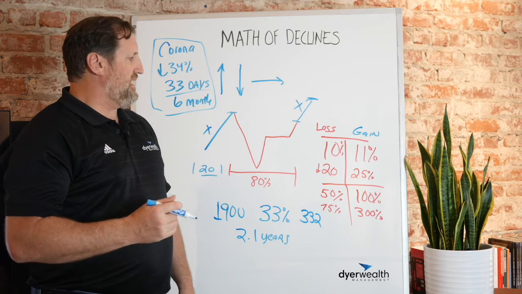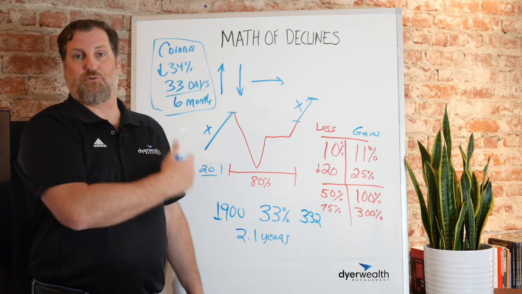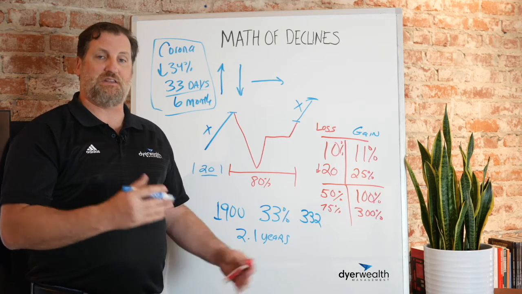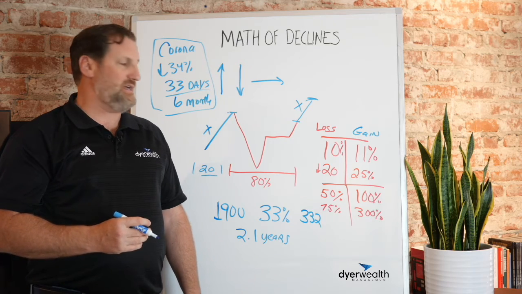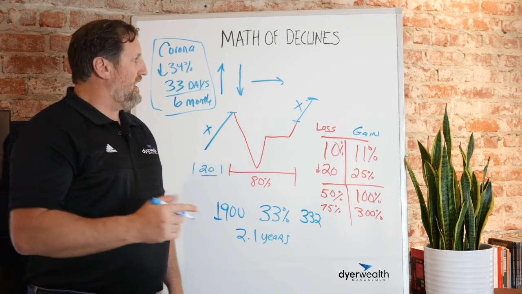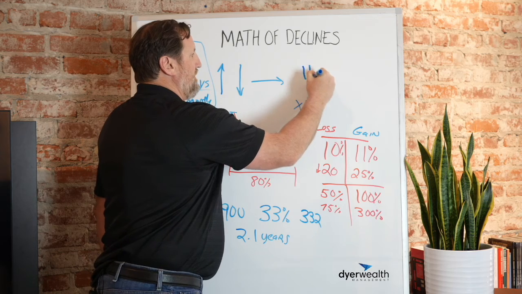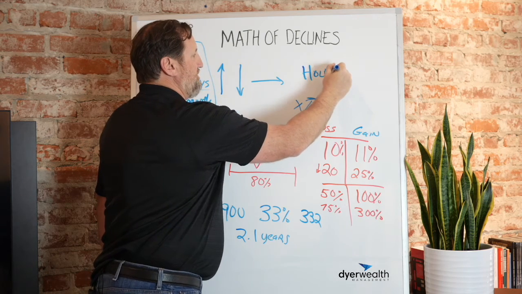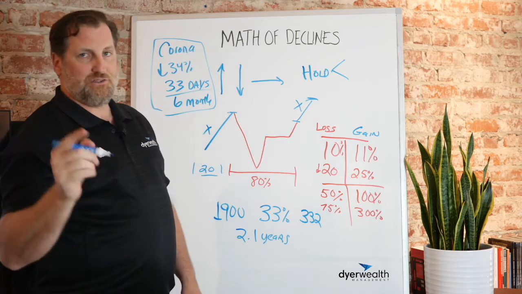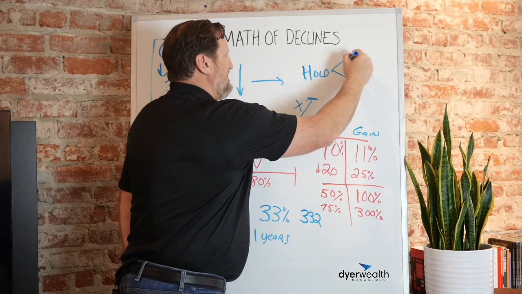And then the last is to just hold through it, ignore all the other things, and just let the market do its thing and come back, okay? That's also another option. With hold, though, there are 2 caveats, okay? The first one is emotion.